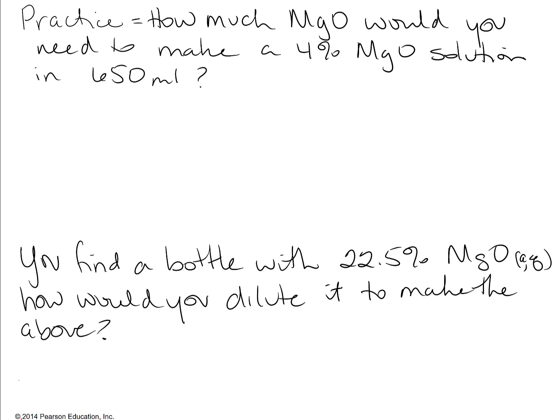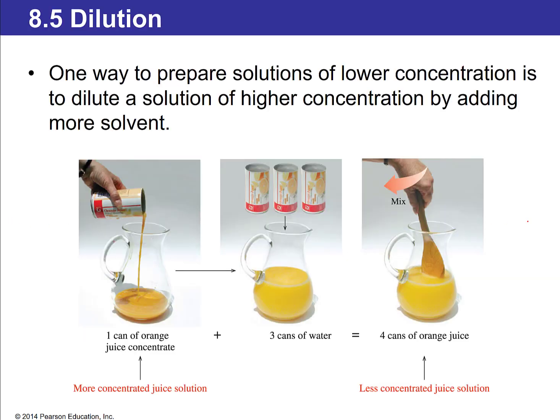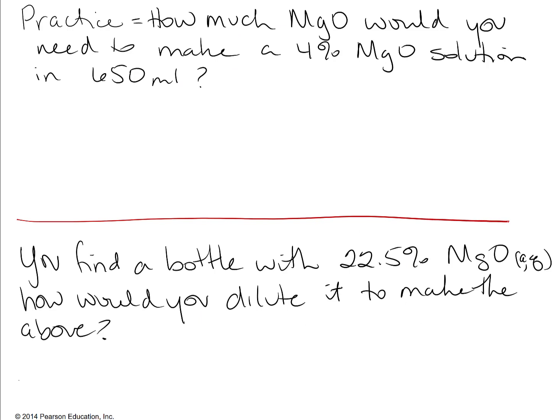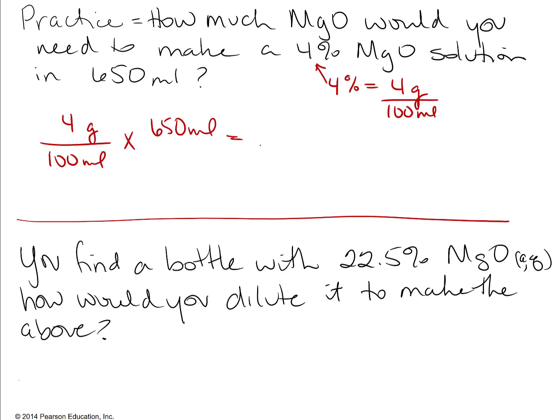So how much magnesium oxide would you need to make a 4% magnesium oxide solution in 650 mL? See if you can set that one up. Okay, so you change that 4% to 4 grams per 100 mL. Multiply it times the volume, so it's just the concentration times the volume. They're both in milliliters, so they'll both cancel. You don't have to do any kind of unit conversions with that.